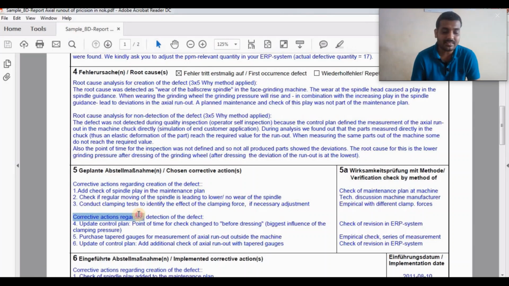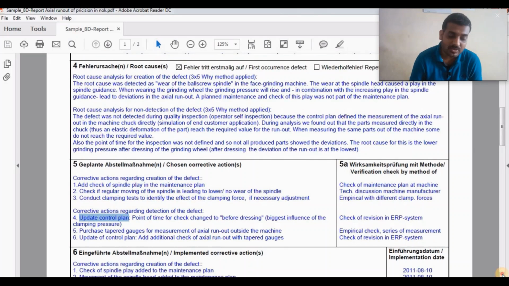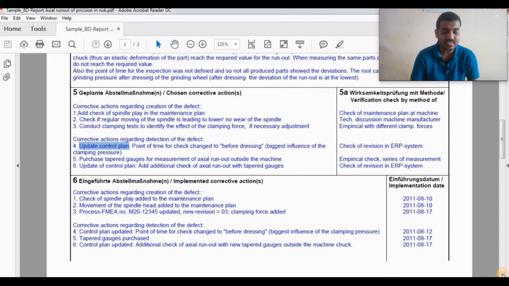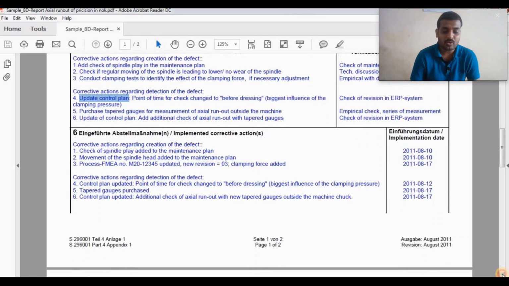Then in D6 comes the implementation of the corrective action. They have implemented corrective actions like the check of spindle play added to the maintenance plan, the movement of the spindle head added to the maintenance plan, as well as the process FMEA updated with the revision number.